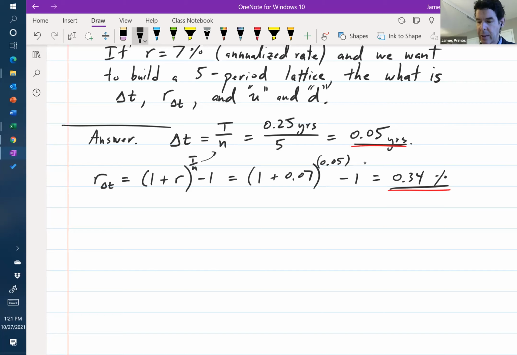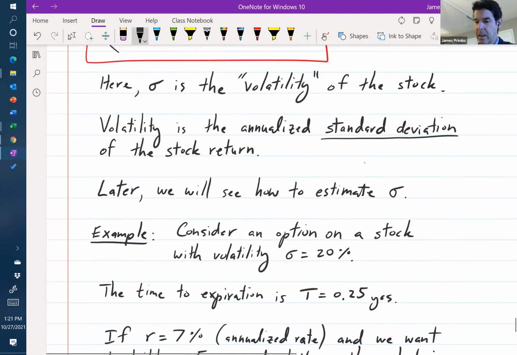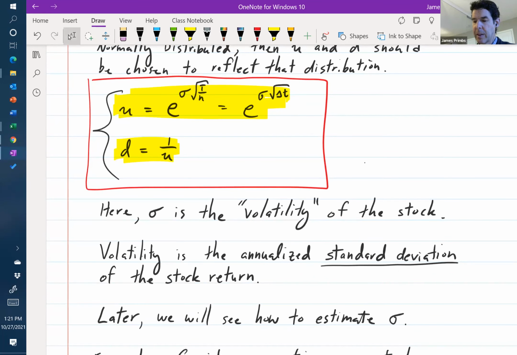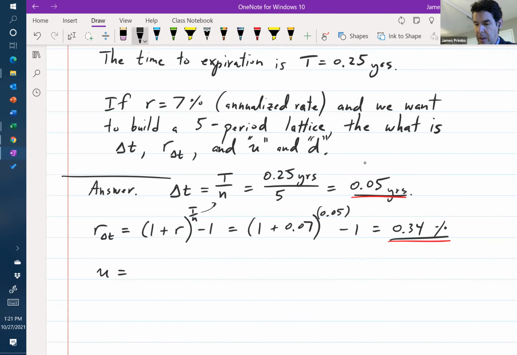And then the final calculation I want to do is the up and the down parameters. So let's look at our formula for that. Our formula for the up parameter is e to the sigma square root of delta t. Sigma here was 20%, so I'm going to use 0.2. And then I'm going to take the square root of delta t, the square root of 0.05.